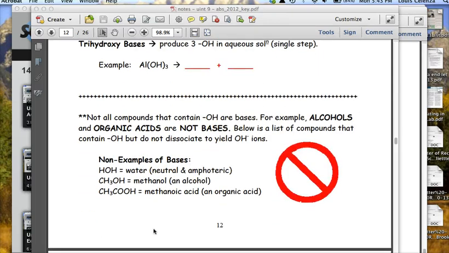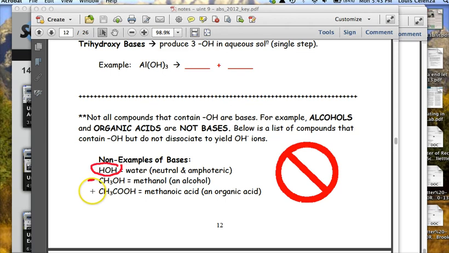Oh, actually, one more part. And this is just going through what we had talked about before. If you look at the bottom here, for the most part, any compound that has OH in it, unless it has carbon in it, is a base. So we know that water, of course, would be an exception, because you can write it as HOH, but it's not a base. This is an alcohol, so this would not be a base.